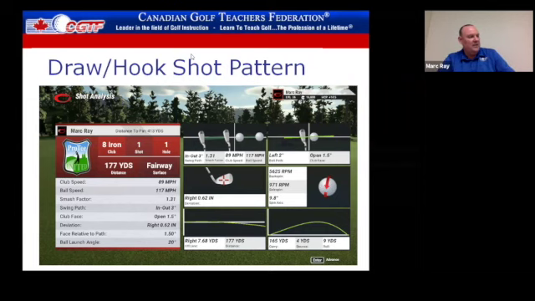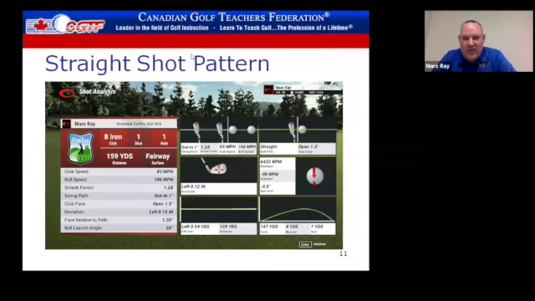So we had the slice, and then we have the draw, and then a relatively straight shot. And I would have been all morning trying to hit a straight shot, so that's why it's relatively straight. In this case, it just happened that the out to in path and a little bit of the club face being open produced pretty much the straightest shot that I was going to be able to do without still filming these results.